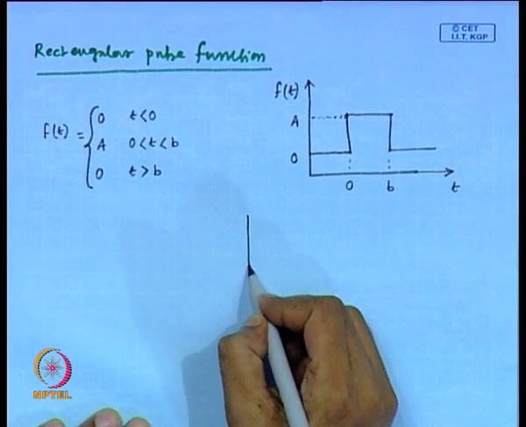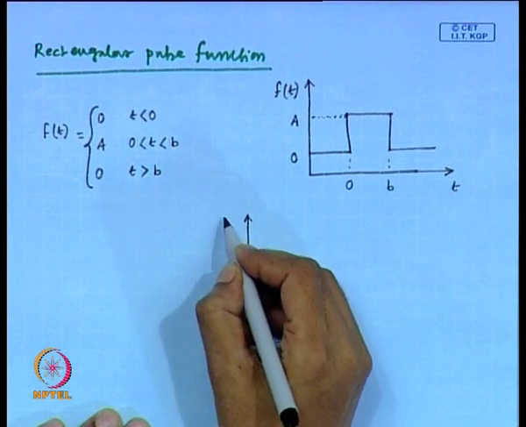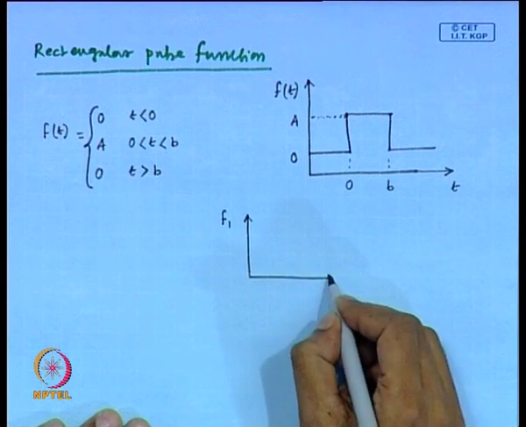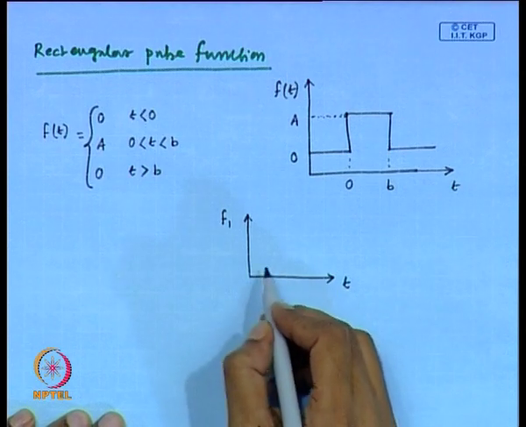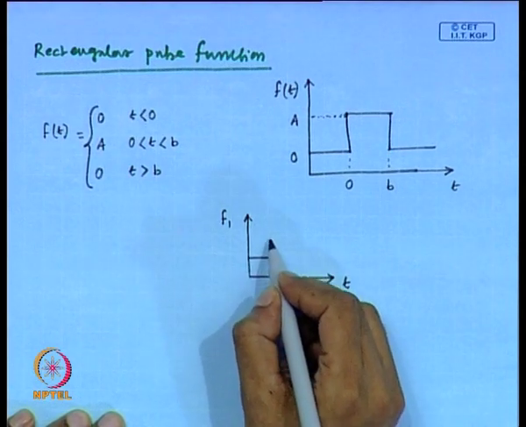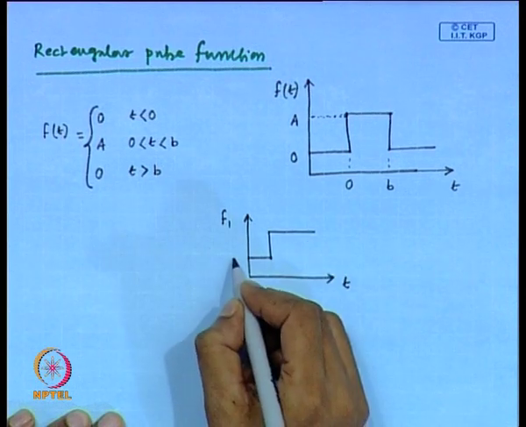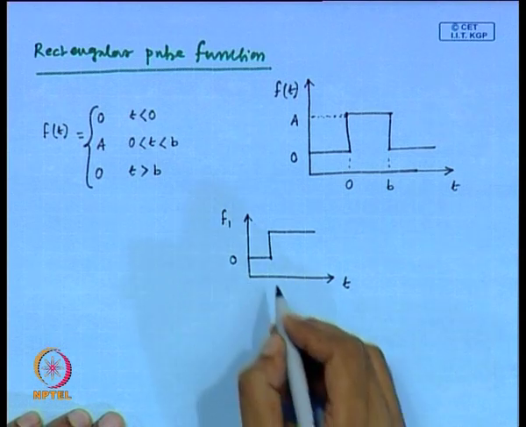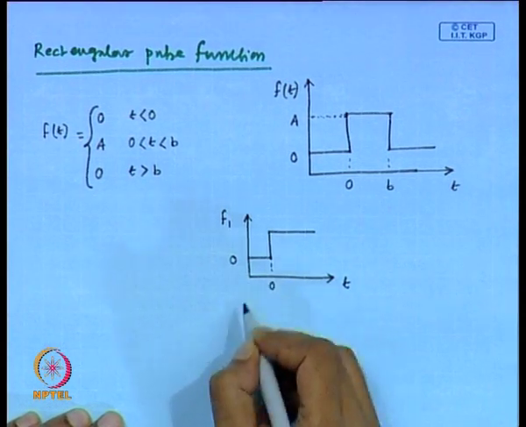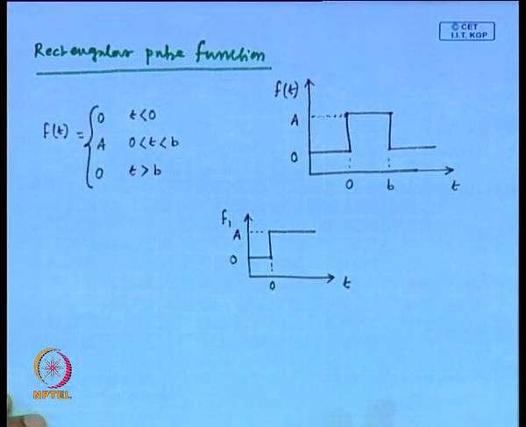So, what are these two input functions? If we consider one function is f 1 and another one is f 2, then the graphical representation of f 1 is like this. Initially it is at 0 level, this is 0 and this quantity is a.